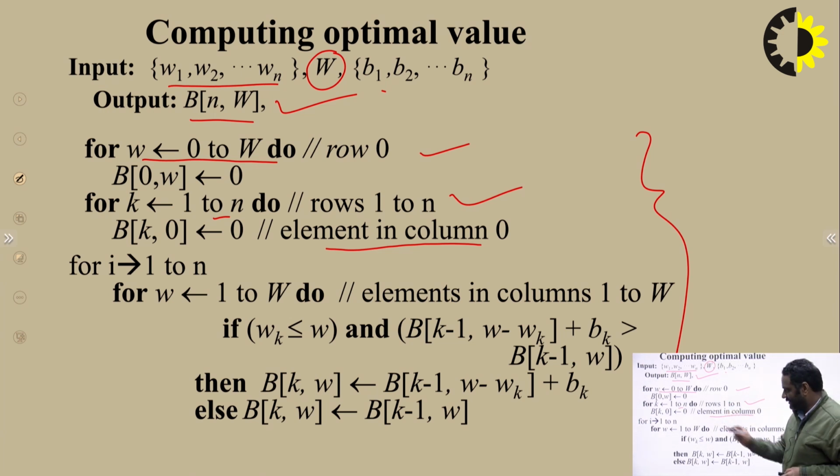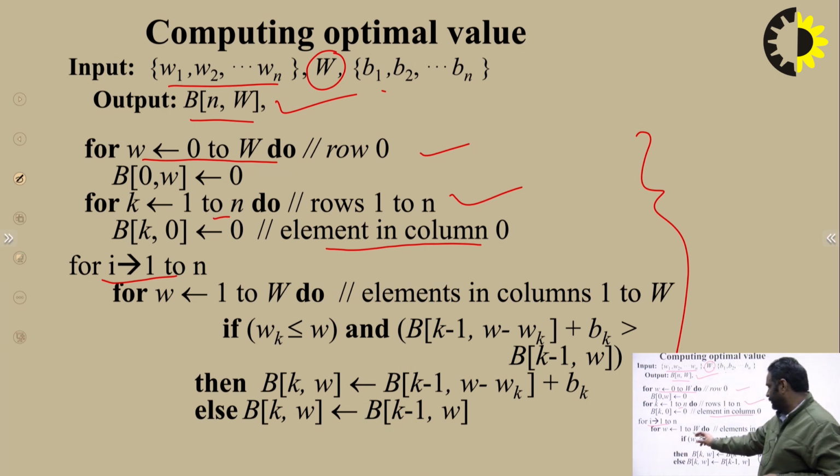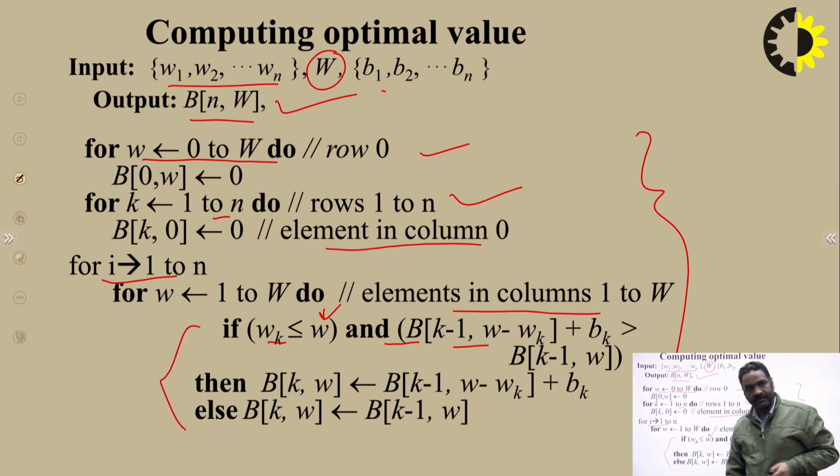And this is the third scenario: we have a loop from 1 to n, for W from 1 to W, and if Wk is less than or equal to the capacity of the knapsack, we check the third scenario that we already discussed in the previous PPT. Then these are the three things.